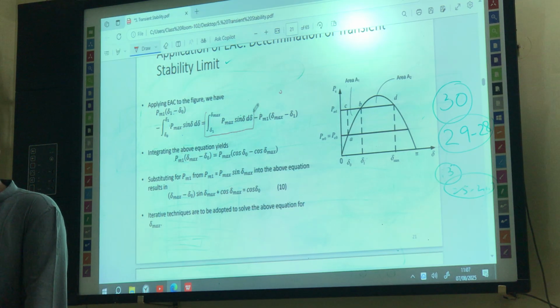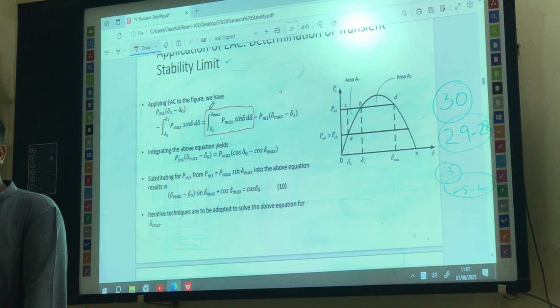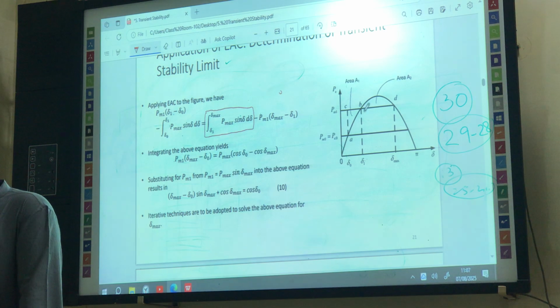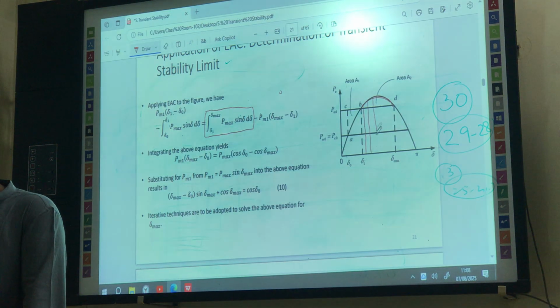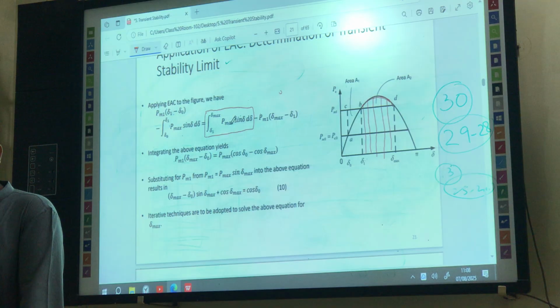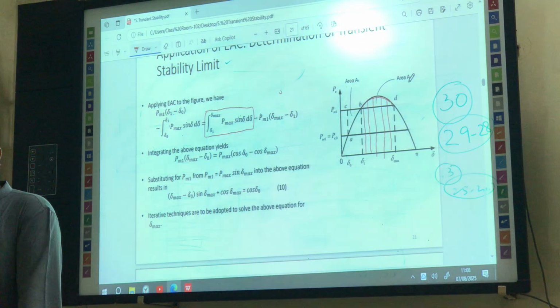The first term? The area under the P curve, from delta 1 to delta max. That means the area under this curve, this whole area. This is represented by the first term. Okay. Then if you want to get only area A2, then which portion you should subtract? You should subtract this below rectangle, right?